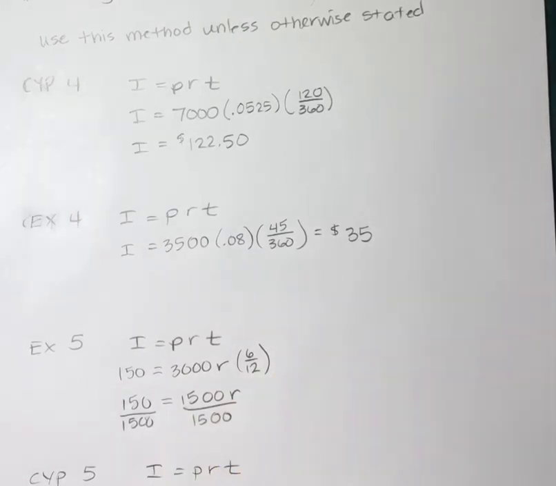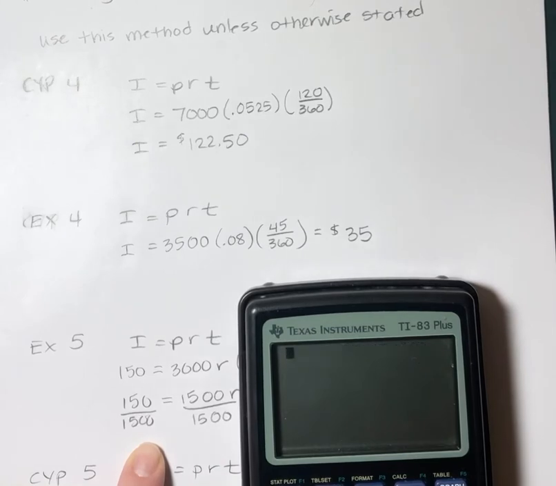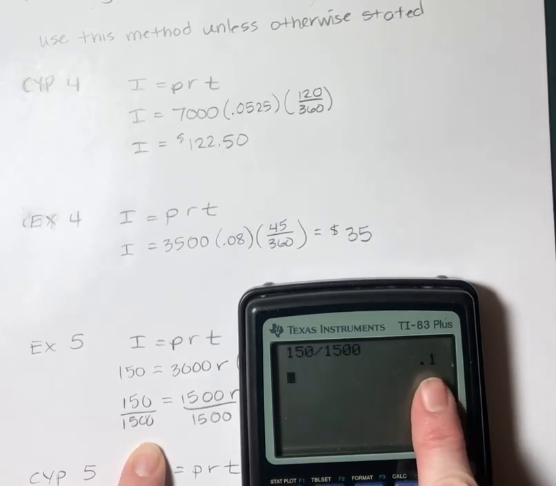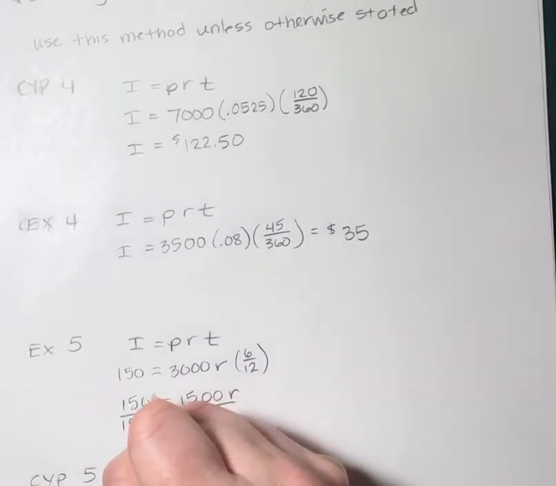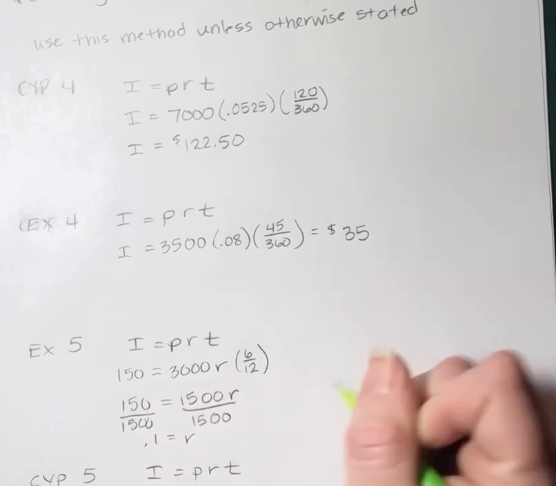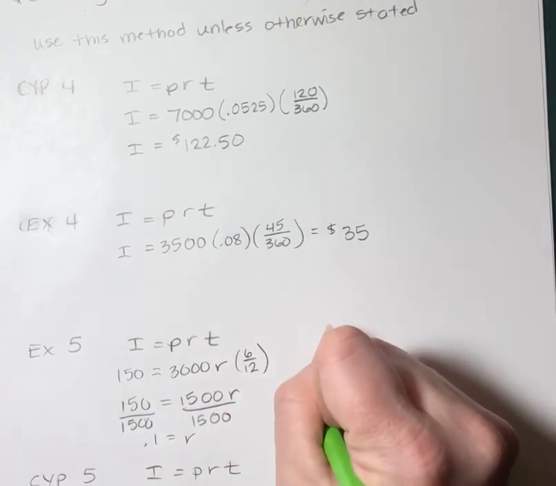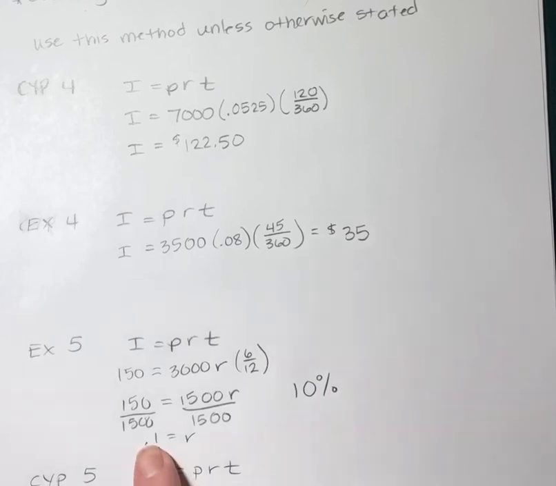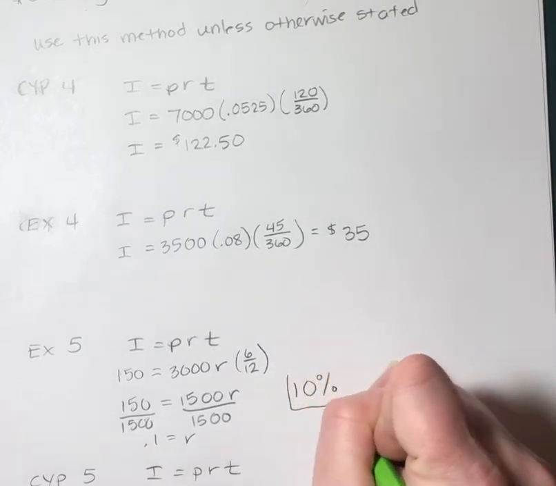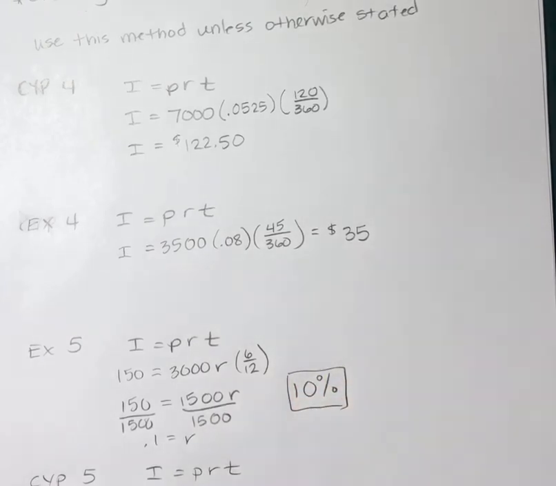And so now what we have to do when we do this is when you do 150 divided by 1,500, you get 0.1. That's not your answer. They're asking for your interest rate. So 0.1 is equal to R, so my interest rate is 10%. I have to move my decimal point back the other direction 2 places. So my simple interest is going to be 10% for that one. Okay?